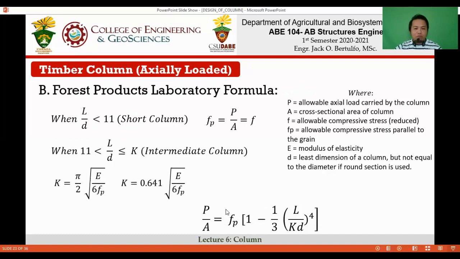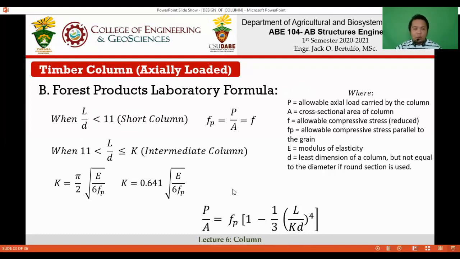If your slenderness ratio satisfies this K, then you will use this formula: the modified, or reduced, allowable compressive stress is calculated as FP multiplied by the quantity of 1 minus 1/3 multiplied by the quantity of L over Kd raised to the power of 4.